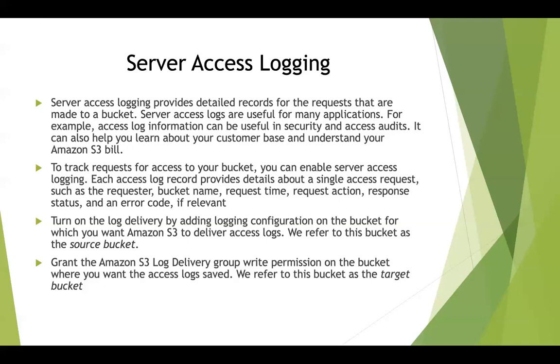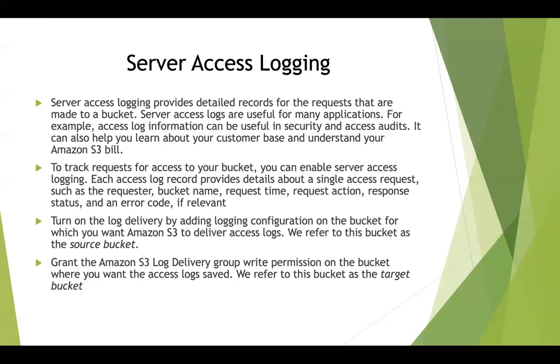So let's say, for example, that we have 10 S3 buckets on which we want to enable server access logging. All these 10 S3 buckets' server access logs can be redirected to one S3 bucket where the log delivery group has write permissions. You can imagine it as 10 S3 buckets where you want to enable server access logging.